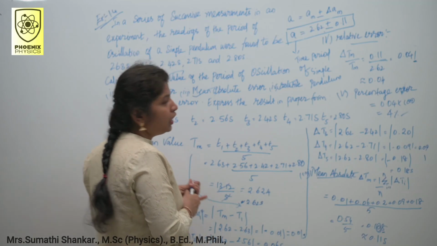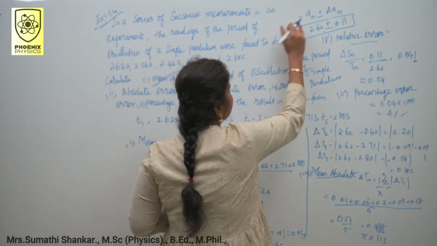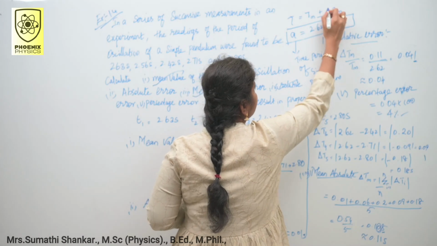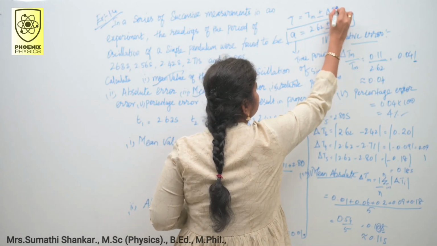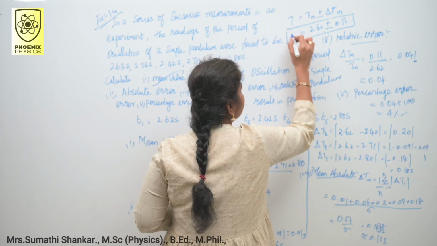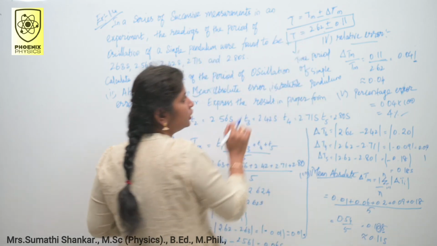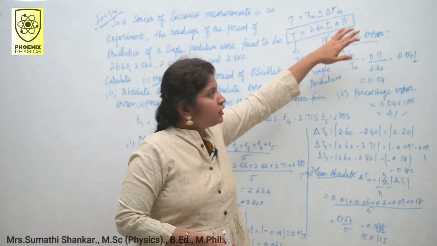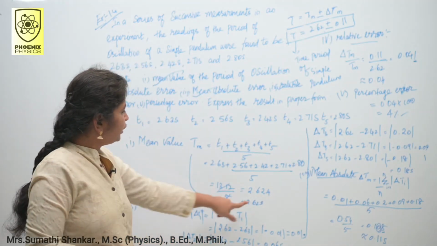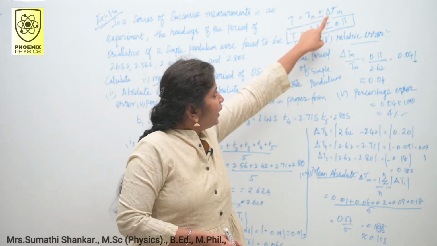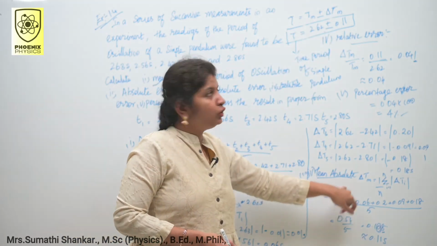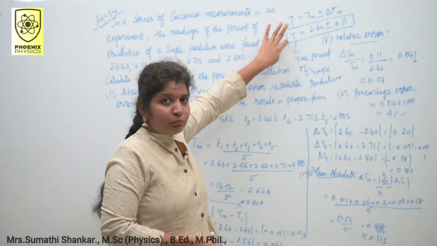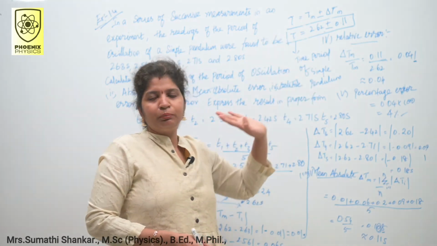Here you can write it as T is equal to Tm plus or minus delta Tm. So Tm is our mean value 2.62 second and delta Tm is the mean absolute error 0.11 second. So this T is nothing but the time period of a simple pendulum.